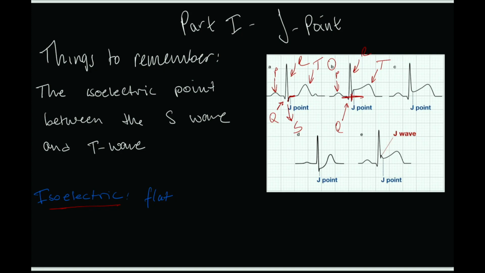We know it would be here if it was there. And so as the S wave comes up and that flatness occurs, that's the J point. And you can go through the other examples C and D. But E is worth pointing out: preceding the J point, that flatness, this small hump is referred to as the J wave.